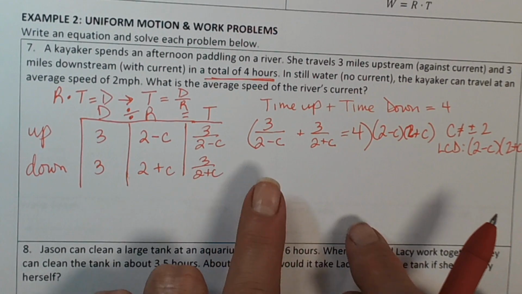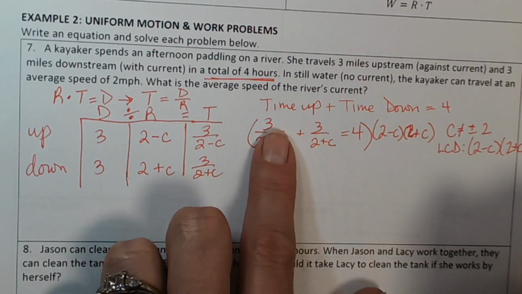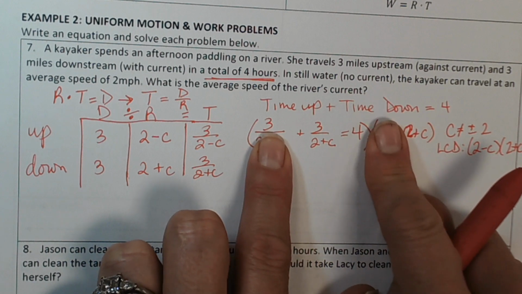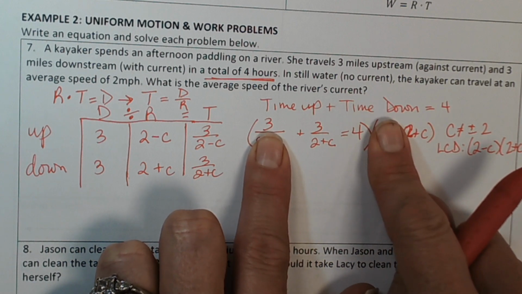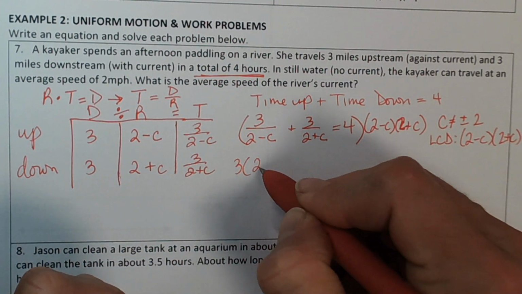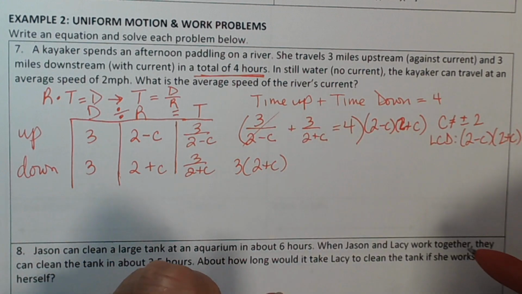When I multiply, I'm distributing this whole thing in, and with the 2 minus c, the 2 minus c's are going to cancel each other out. So what's left is the 3 and a 2 plus c. So I have 3 times 2 plus c. That takes care of that fraction.